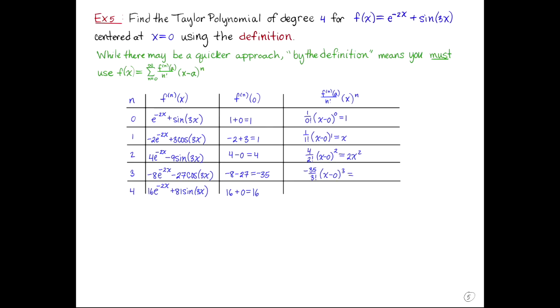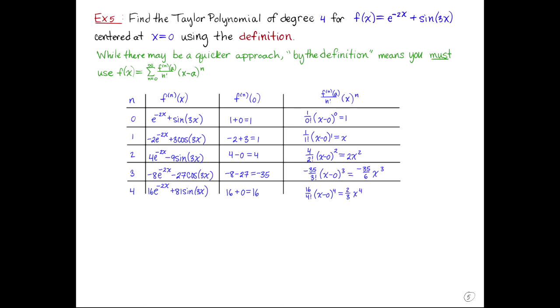That simplifies to negative 35 over 6 times x cubed. When n is equal to 4, we have 16 over 4 factorial times x minus 0 to the 4th power, which is equal to 2/3 x to the 4th.